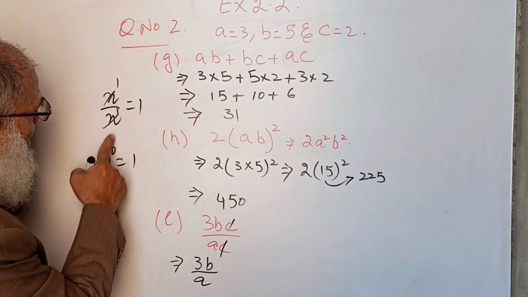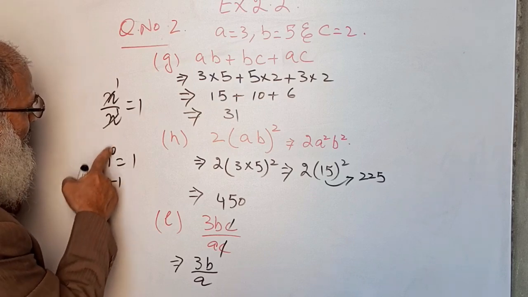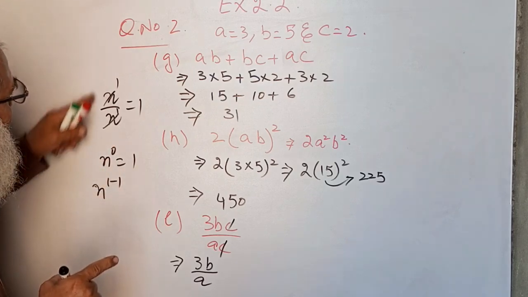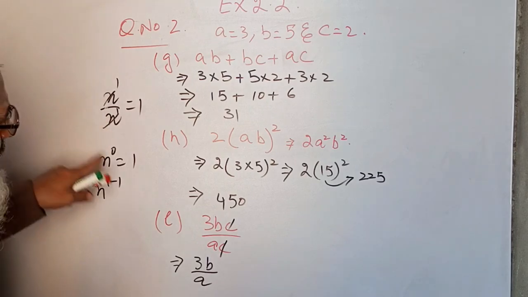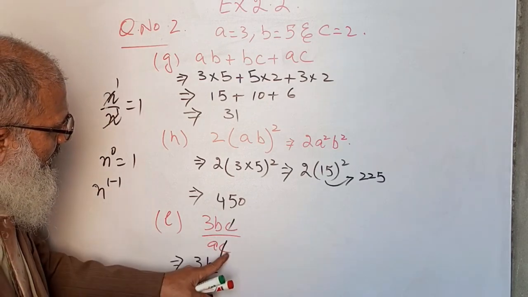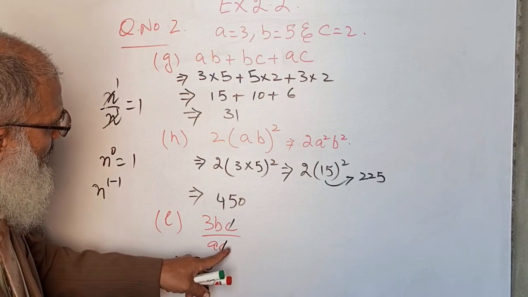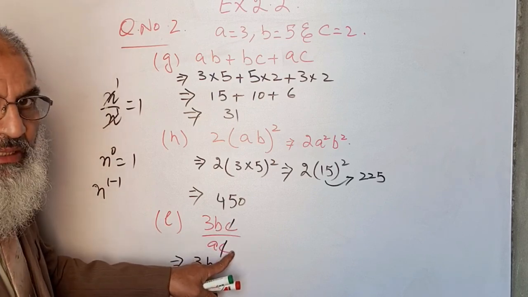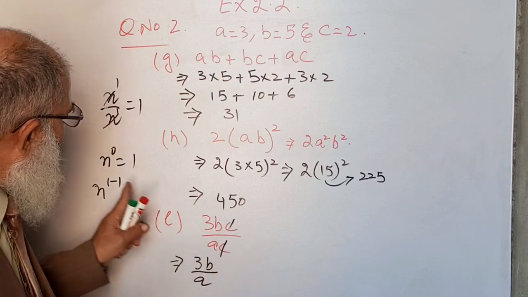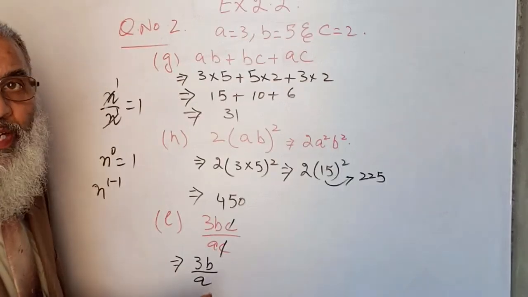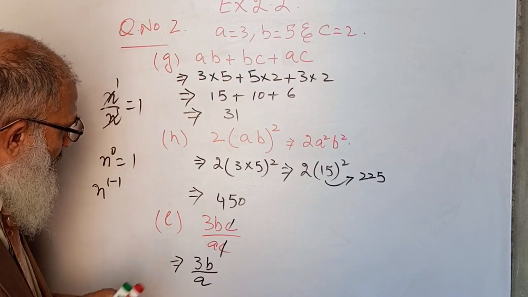So it will become n to the power 0, which is equal to 1. This is the simple example, and you see that this C is also being divided by this C. So this C and this C cancel and it will become 1. We need not write 1 over here anymore.